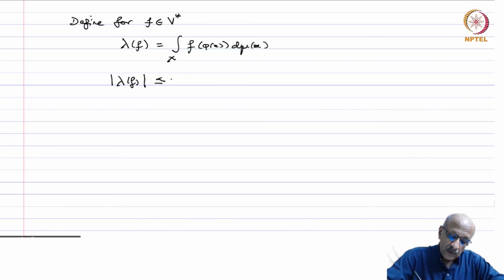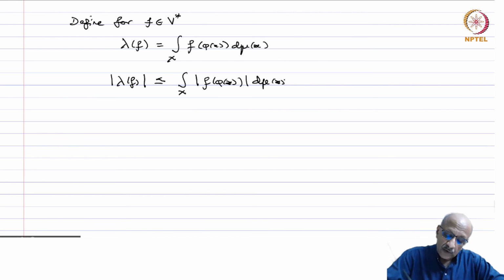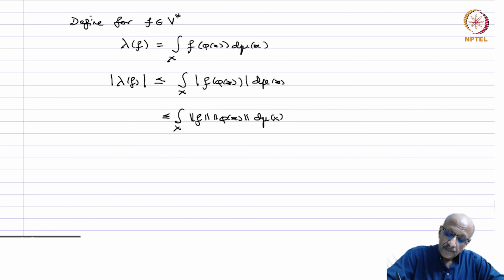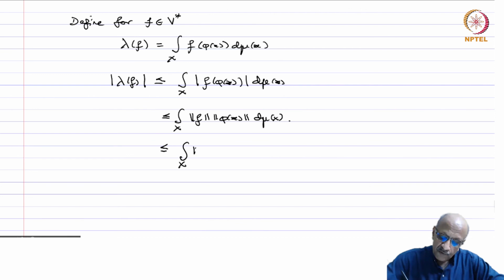This is less than or equal to the integral over X of the modulus of f of phi of x d mu of x, that is less than or equal to the integral over X of norm f times norm phi of x d mu of x, and therefore that is less than or equal to the integral over X of the norm of phi of x d mu of x times the norm of f.